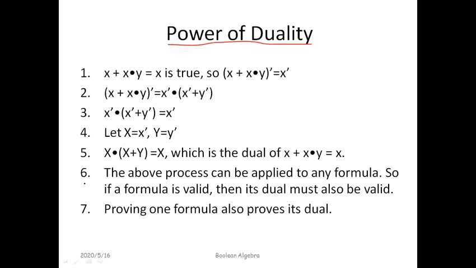So let's read number 6 and 7. The above process can be applied to any formula. So if a formula is valid, then its dual must also be valid. So proving one formula also proves its dual.